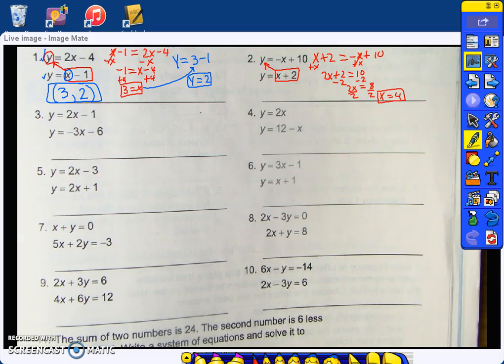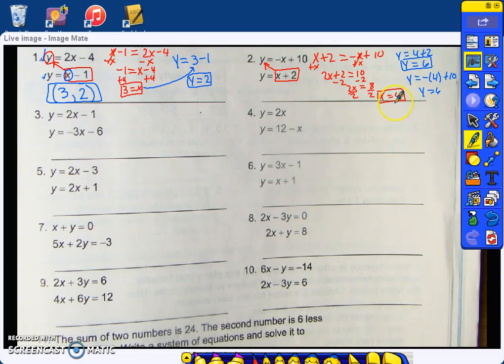So I'm going to do y equals 4 plus 2. 4 plus 2 is 6. And the reason I say it doesn't matter is y equals negative x plus 10, and negative 4 plus 10 is also 6. So you're going to get the same thing. The only thing where it matters is once you isolate your y, that has to go into the other one.